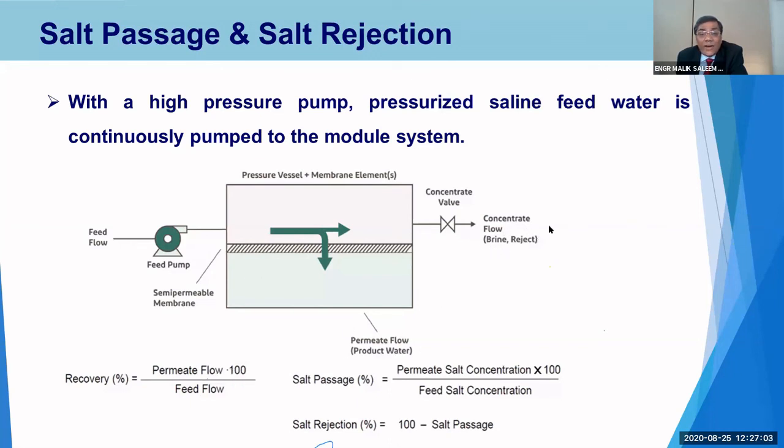That's the concentrate flow, which is sent to the drain, and that's the permeate or the product flow. Now, recovery, I have already explained: the product water divided by the feed flow into 100. And salt passage, meaning how much salt is going into the product, in terms of percentage: permeate salts divided by the feed salt into 100 gives you the salt passage. And if you want to monitor salt rejection percentage, take the feed as 100 and subtract the salt passage, and you will get the salt rejection.